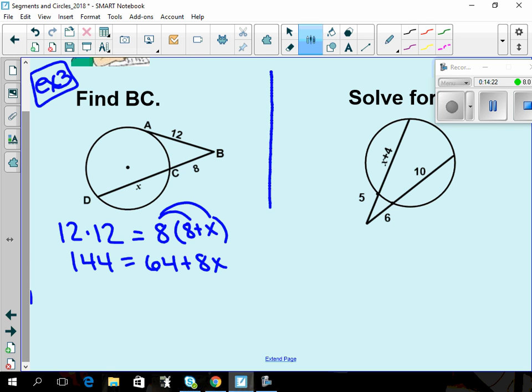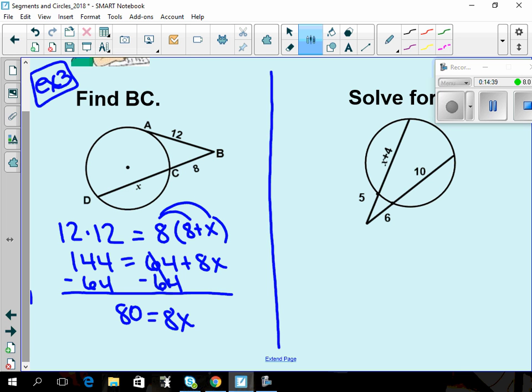I mean, I could, but let's subtract 64 first, and then we'll divide by 8, okay? What do you get over here? Good. So what's x? X is 10. Very good.